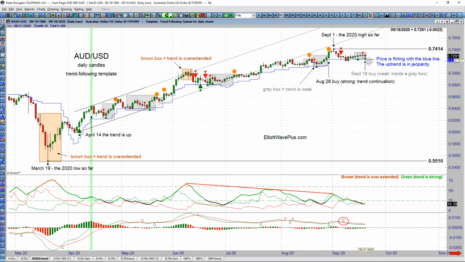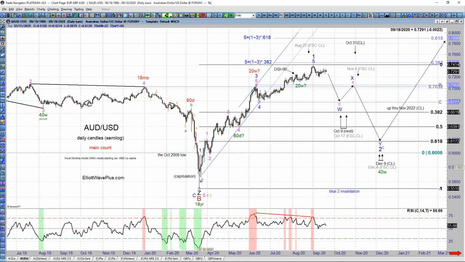But right now, looking for that very elusive wave 2. Been expecting it after a wave 1 to the upside. So here's the wave 1 to the upside, looking for a wave 2.